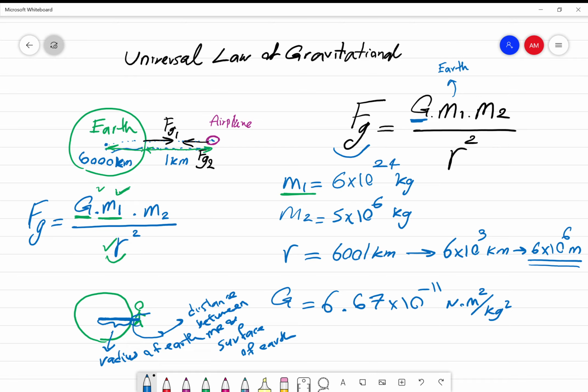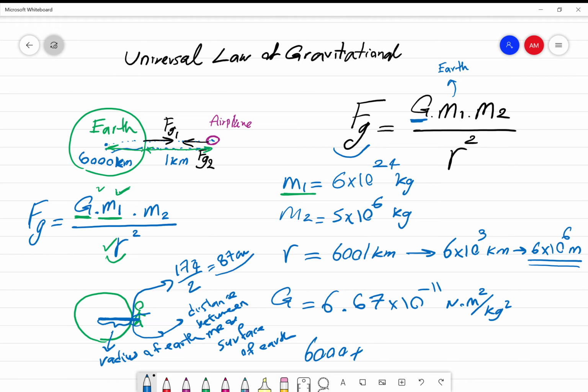So it would be 174 divided by 2, which is equal to 87 centimeter. So the distance between you and Earth is equal to 6,000 plus 87 centimeter.